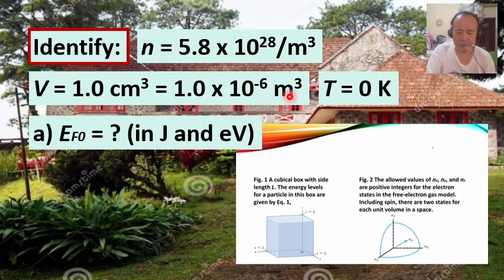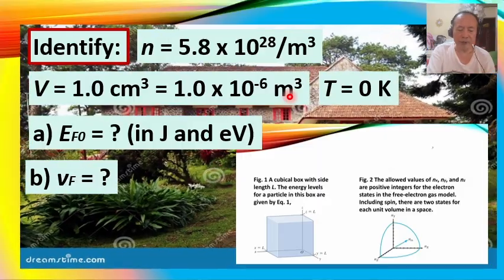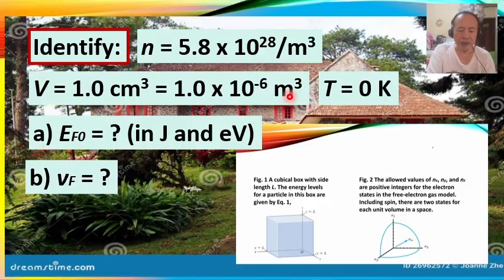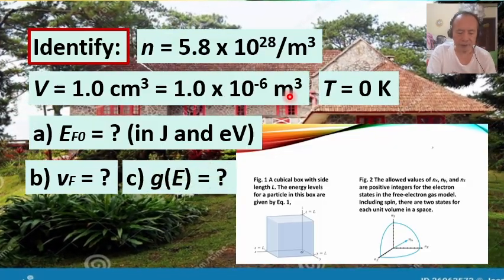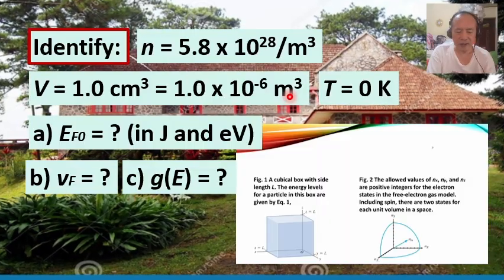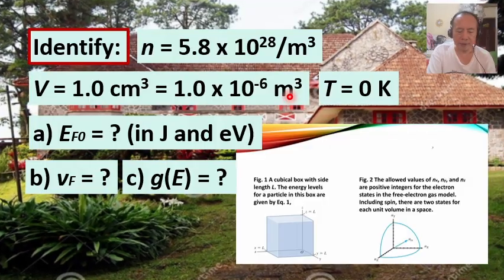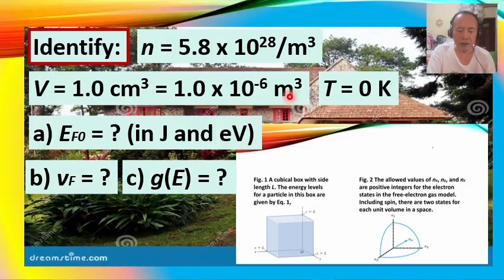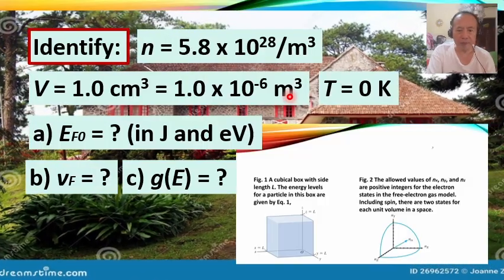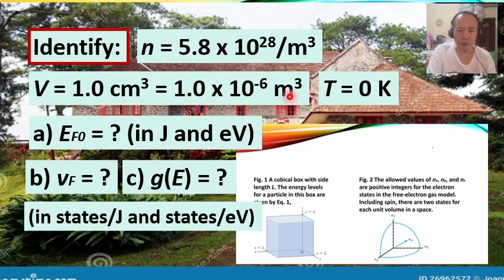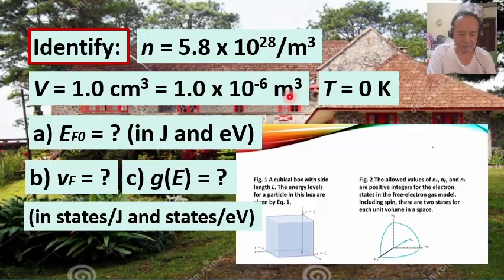In part B, the Fermi speed of the electron, small v sub F. And in part C, the density of states expressed in states per joule and states per electron volt of the Fermi energy for a block of silver of volume 1.0 cubic centimeters. We denote it as small g as a function of energy, capital E.